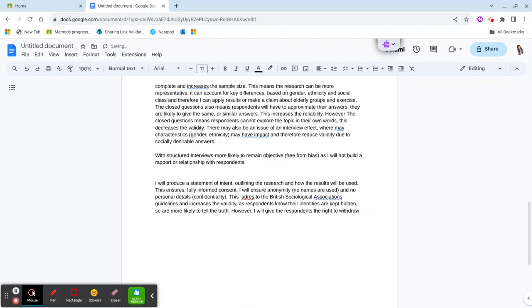I will provide them with a unique number and write this down for them, and provide my college email address with the option to withdraw from the study.